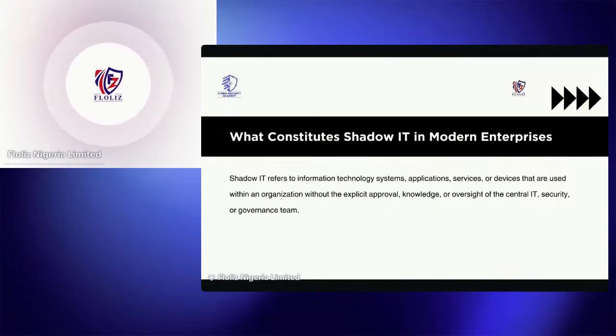So, shadow IT simply refers to IT technology solutions, applications, services, or devices that are used within an organization without the explicit approval, knowledge, or oversight of the central IT security team or governance team. So imagine if employees use specialized tools to make their work easier, but these are not documented. So there are no controls, there are no security plugins.